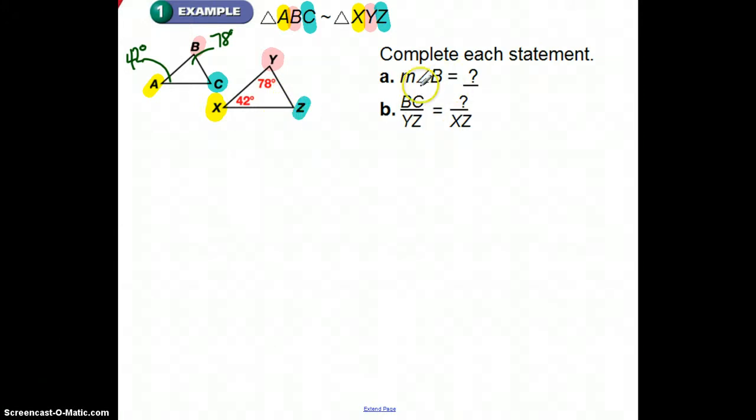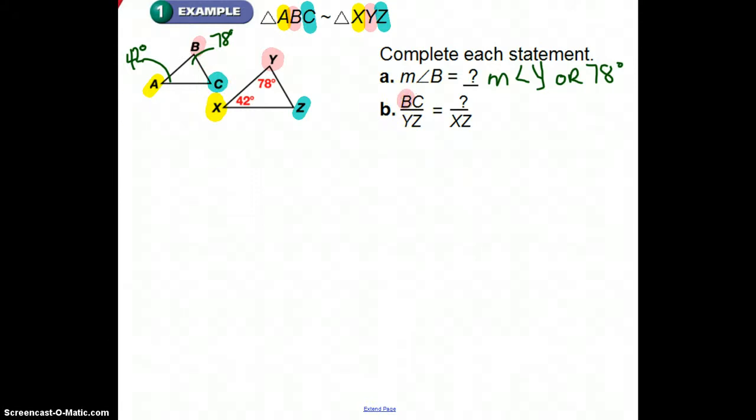It does say, what does the measure of angle B equal? Really, you could answer that in two ways. B and Y match up, so I can see how somebody might write this. Or they might actually go for the measurement that they know, that it's 78. Either of those would be possibilities. Now on this one, I think sometimes the color does help, so just for a second: B, C is blue and pink here.